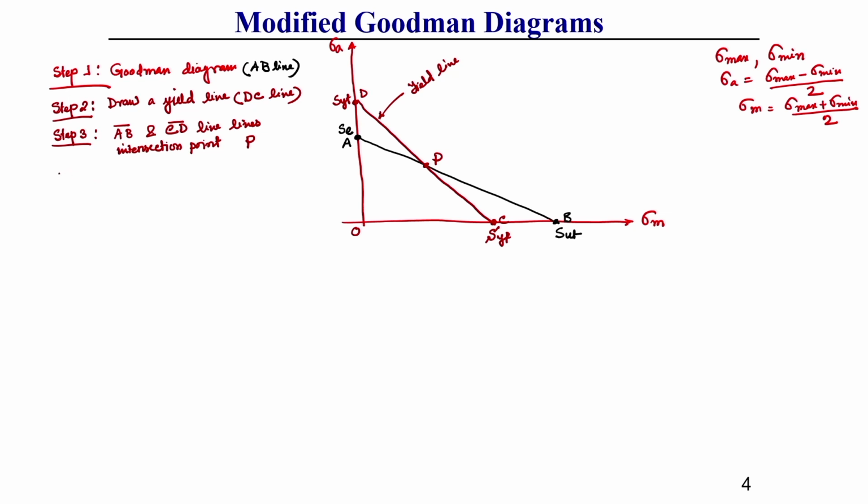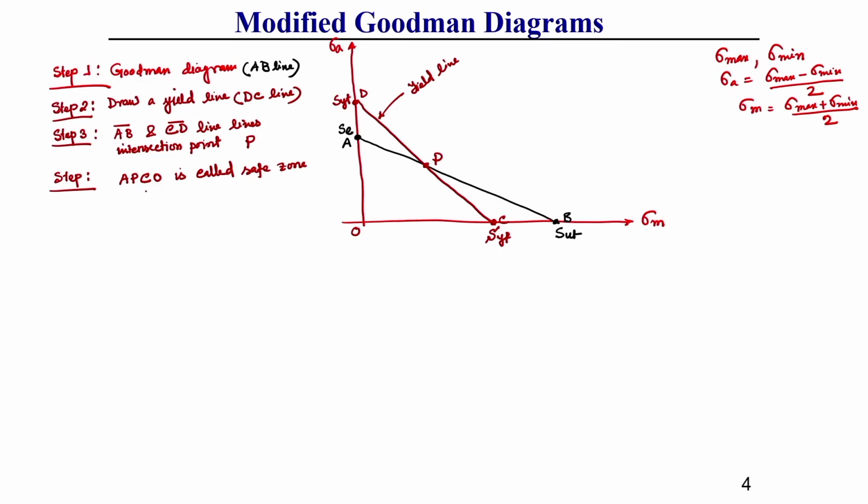So, step 4, we need to define the safe zone and the failure zone. Here the zone A, P, C, O is called the safe zone, which is based on the fatigue failure criteria, that is the Goodman line, as well as the yield line CD.